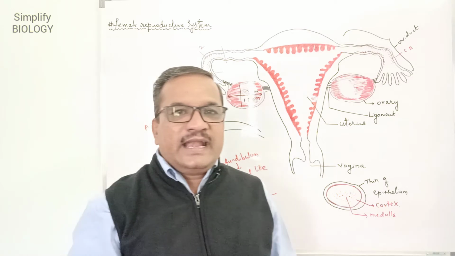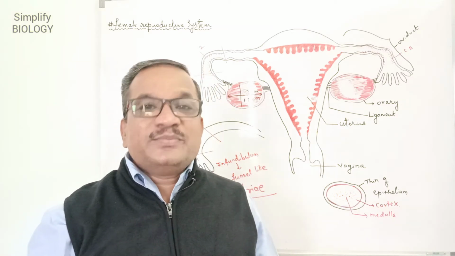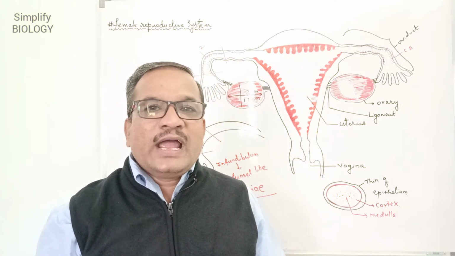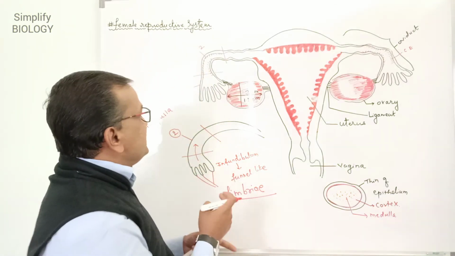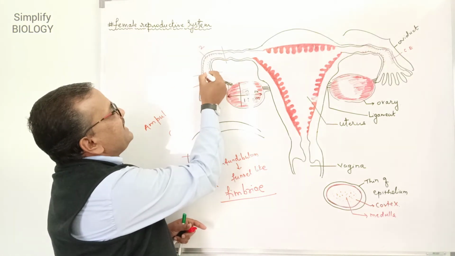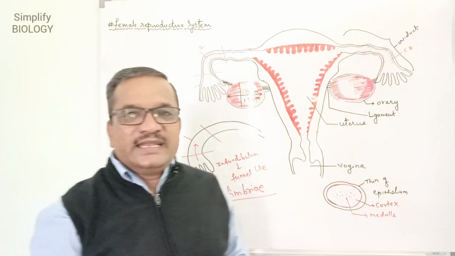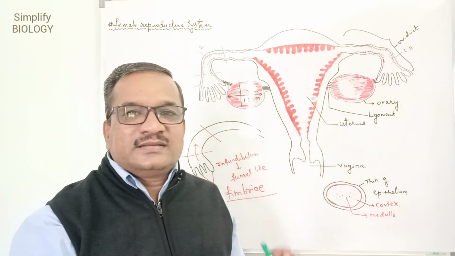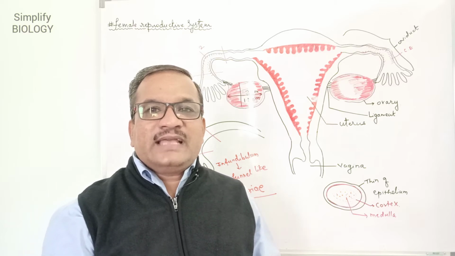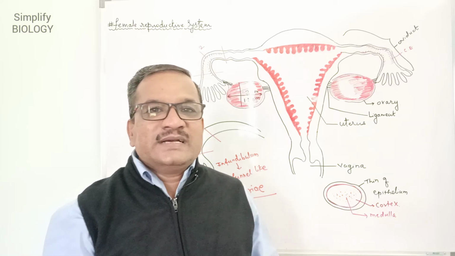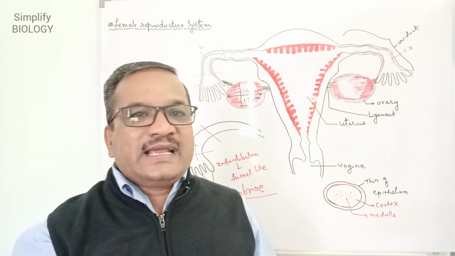Understood? And this ampulla is the middle part, which is long and it is ciliated as we have seen. So the inner lining consists of what? Ciliated epithelium.